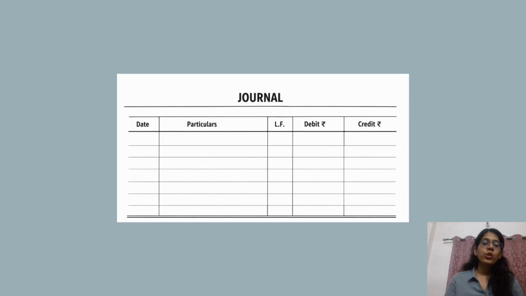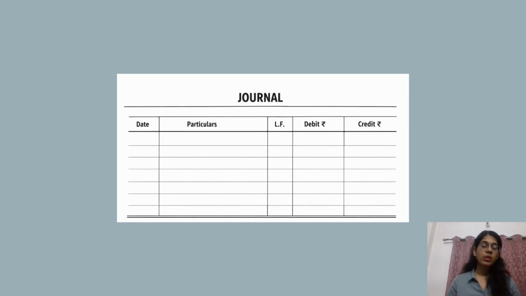When you are doing accounting for Indian curriculum, then we use this LF column. Journal is the head. Date, you record the date because transactions are recorded chronologically, date wise. Particulars is nothing but mentioning which account you are debiting and which you are crediting.